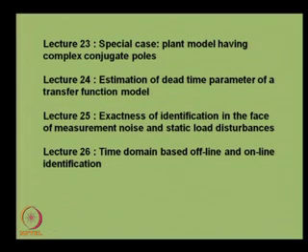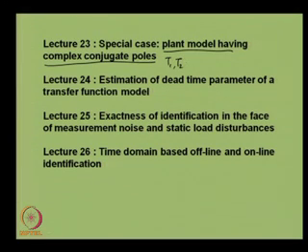Next lecture will also deal with a special case, plant having complex conjugate poles. In this case, when the T1 and T2 we have been discussing so far become complex numbers, the plant model is often given in the form of k e to the power minus theta s over (a s squared plus b s plus 1), where b is such that we get underdamped action shown by this type of models.